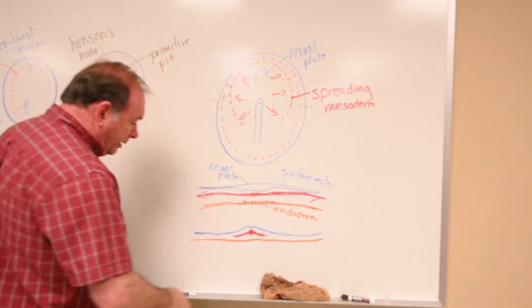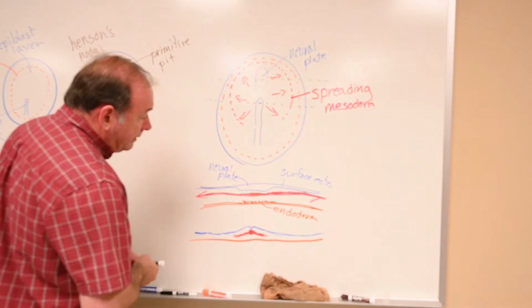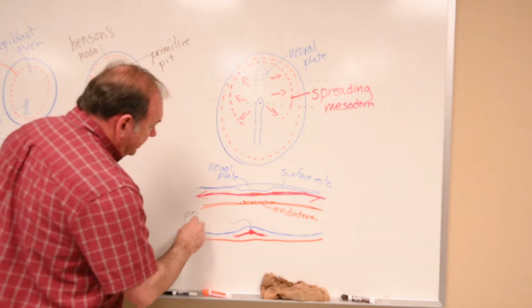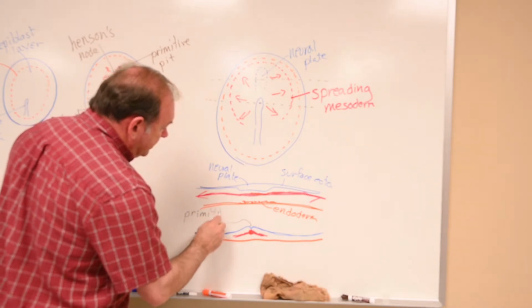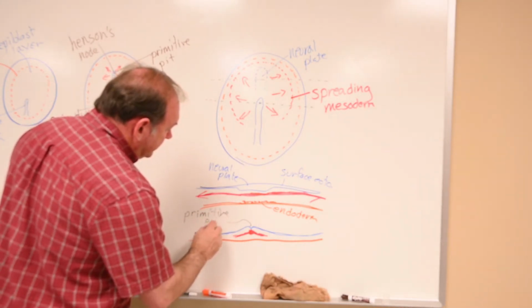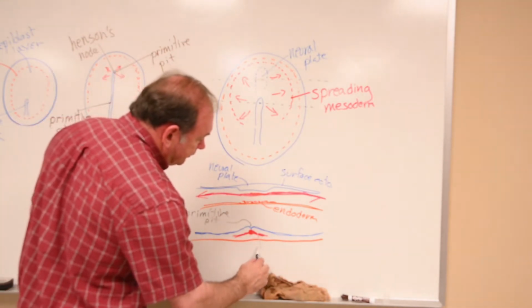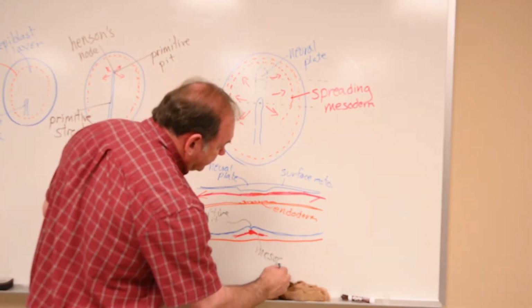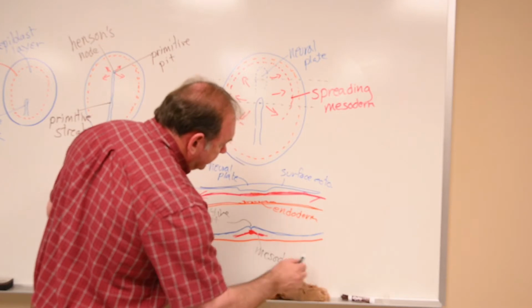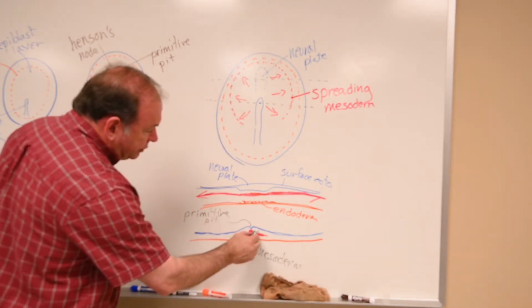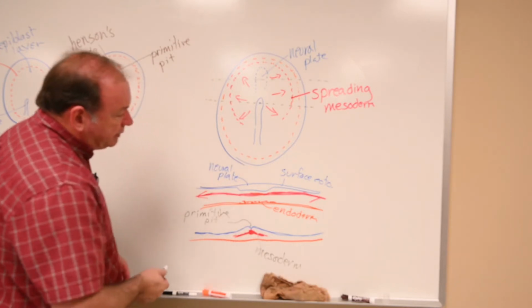Right in here. Right there was our primitive pit. Beginning of our mesoderm as that folds in. These tissues move in and spread out as mesodermal tissues.